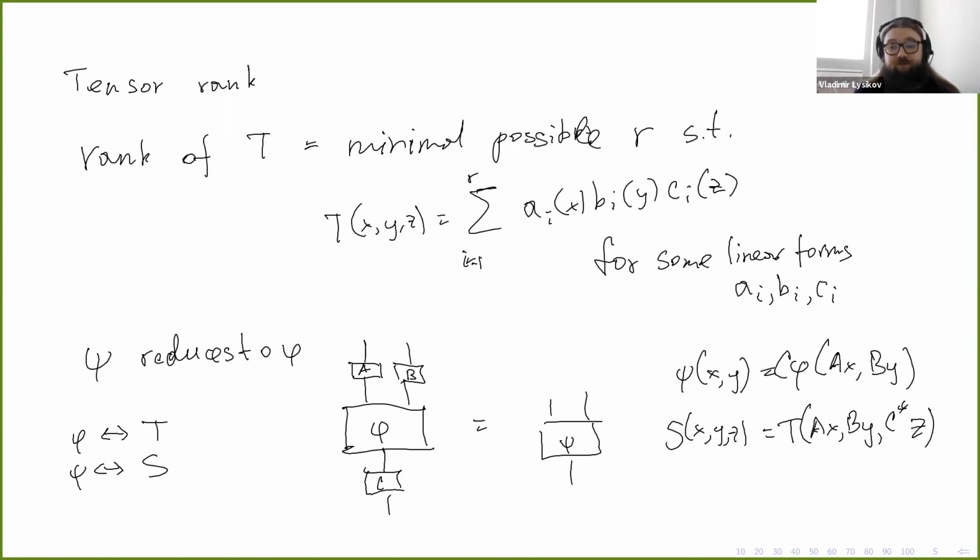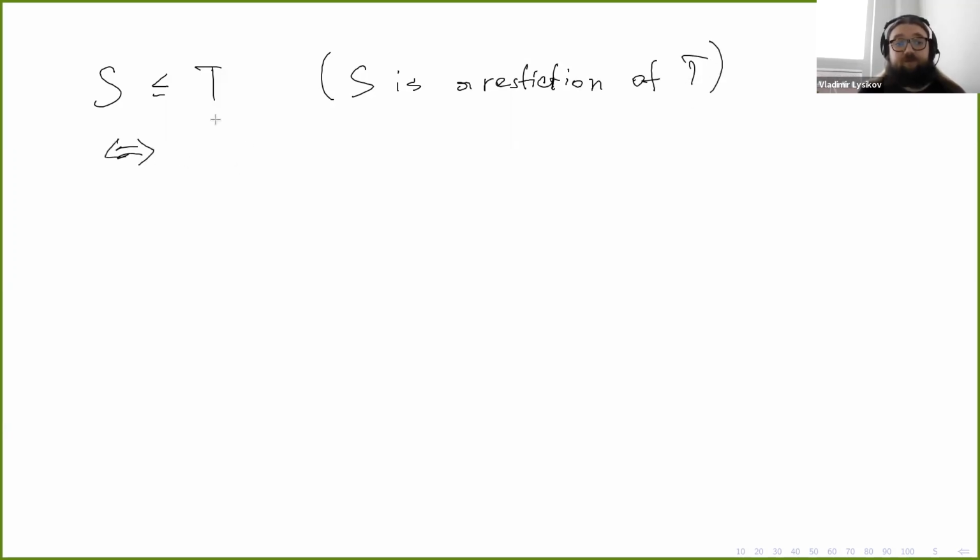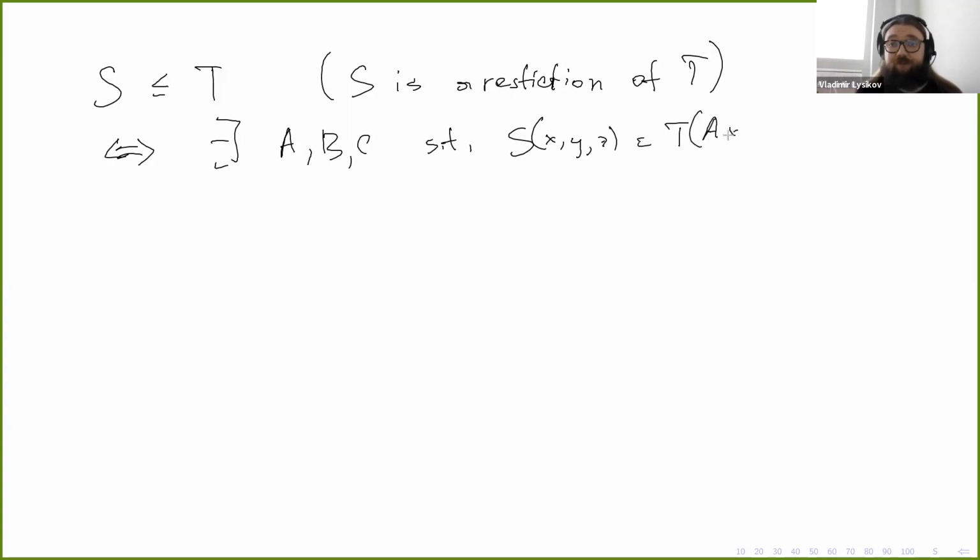And from this we get the definition. So one tensor is a restriction of another. S is a restriction of T if there exist some linear maps A, B, C such that S of x, y, z is T of Ax, By, and Cz.